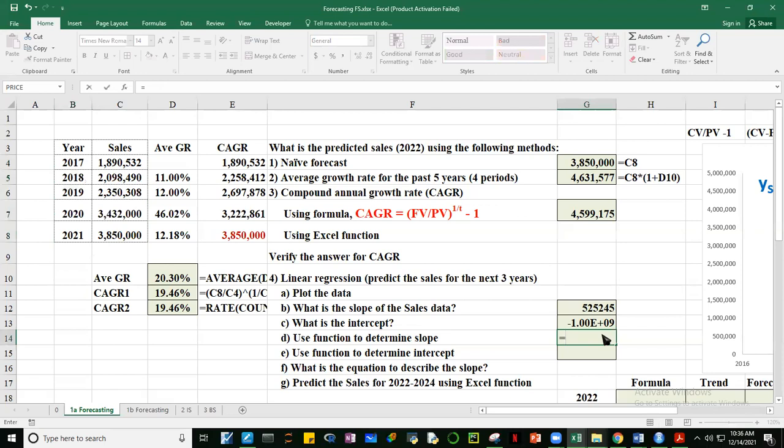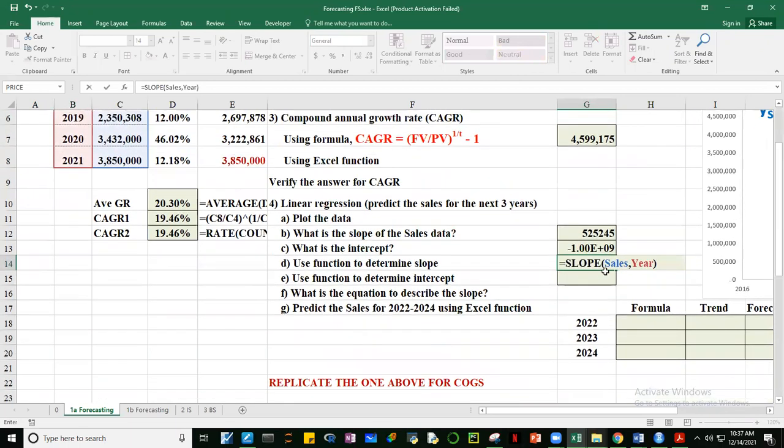So this is equal to slope. Okay? Ano yung Y's natin? Di ba ang Y's natin yung sales? Ayan. So tinype ko lang guys S, lumabas na si sales. There. Comma. Known Y's, known X's naman yung year natin. Type Y, lumabas na si year. There, para hindi na tayo mag-highlight ng mag-highlight. Okay? So that's the slope. Control Enter.